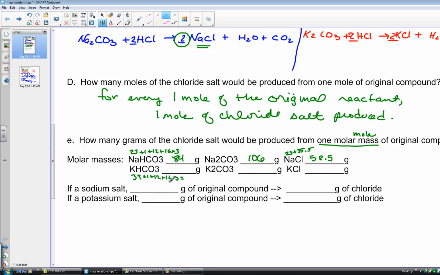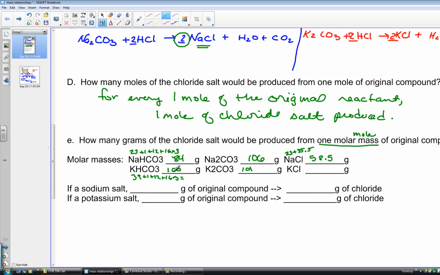So let's sum that together. Work it with me. You realize I'm not perfect on the calculator. 39 plus 1 plus 12 plus 16 times 3. This has a molar mass of 100. How about potassium carbonate? 39 times 2 plus 12 plus 16 times 3. That's the mass of 2 potassiums plus 1 carbon plus 3 oxygens, and this I'm finding to be 101.